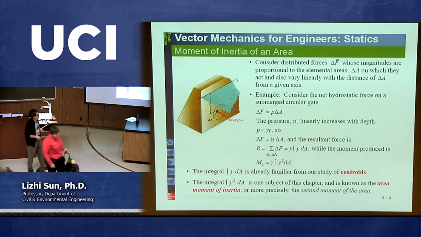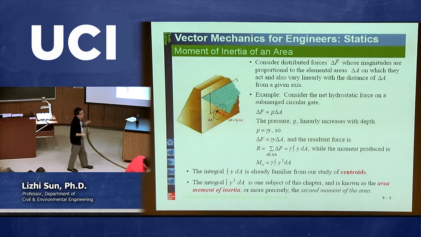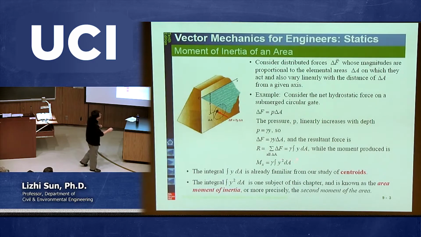So in reality, when we are studying structural engineering problems, not only do we need to study this term, which is related with the centroid, we also need to study this term, which is related with the moment calculation. And this one is called the second moment, or the moment of inertia. Or the complete term now is called the area moment of inertia. It's trying to indicate this is not the real moment.